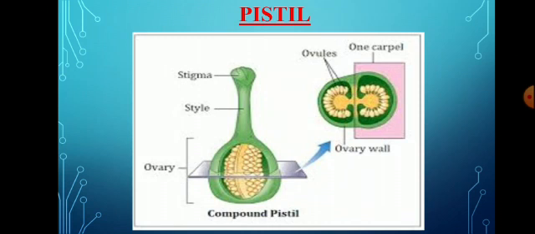It has three parts, stigma, style and also ovary. The ovary later becomes seeds or fruits.